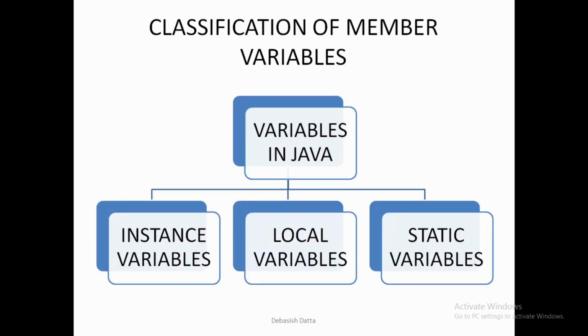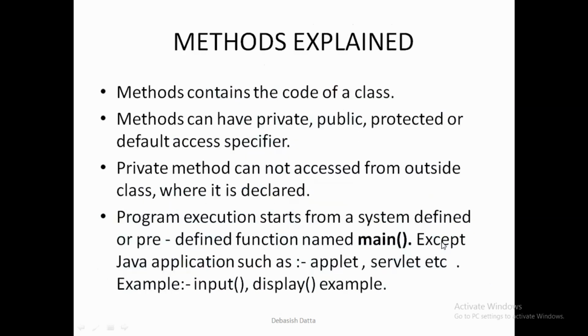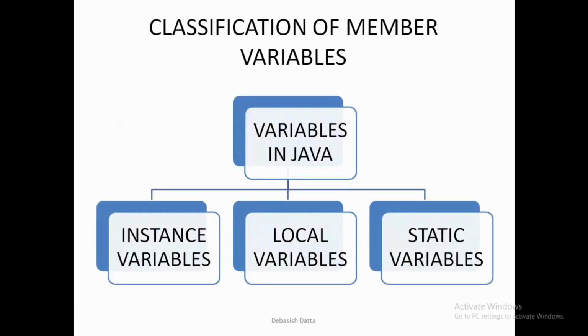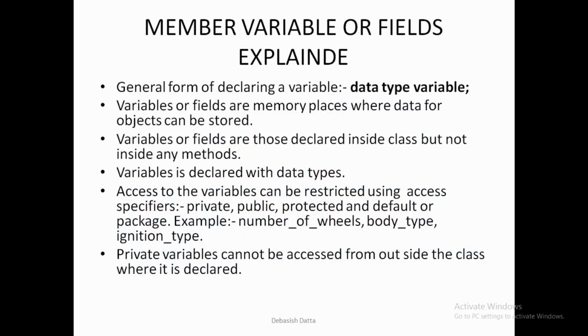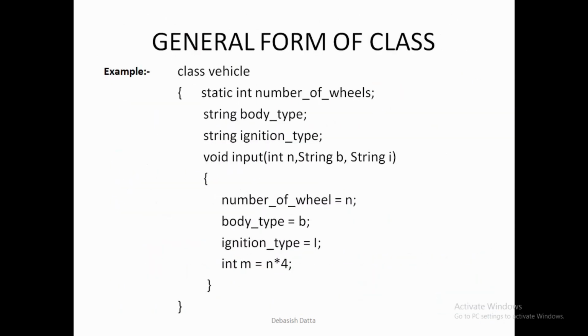All the variables which we use in Java programming can be categorized into three types: instance variables, local variables, and static variables. Now, to see an example, we can again go back to this vehicle class example.